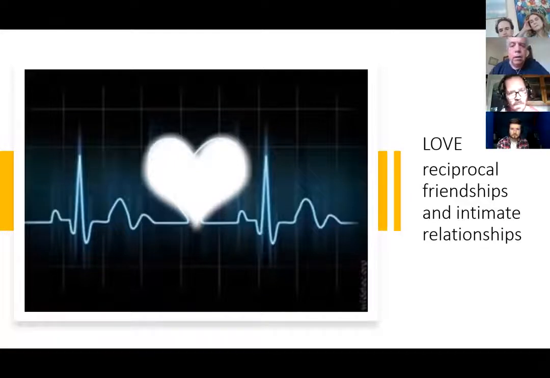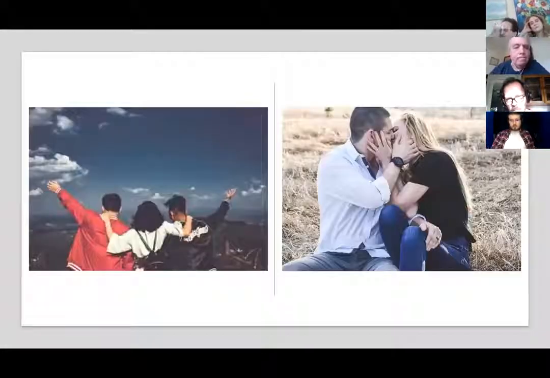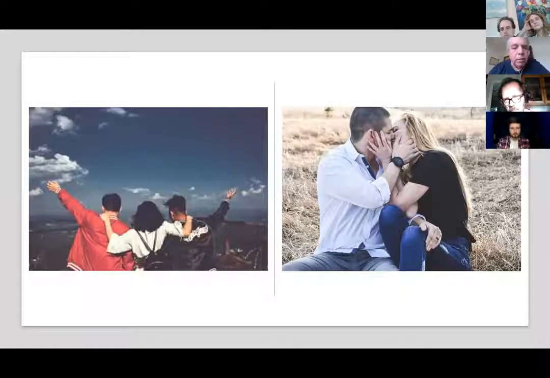And finally, we come to the seventh key, love, which is defined here as reciprocal friendships and intimate relationships, and which, as was said already, if we don't have these things in our lives, what is life amounting to much of the time?